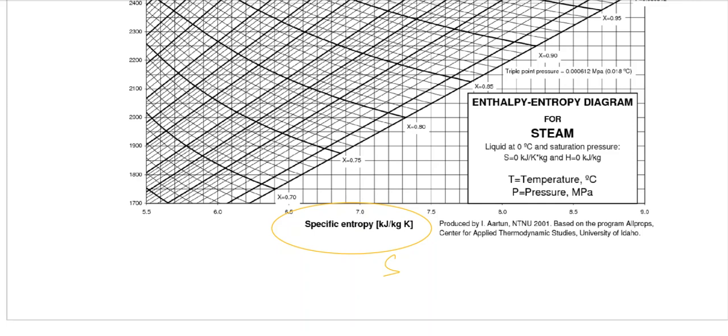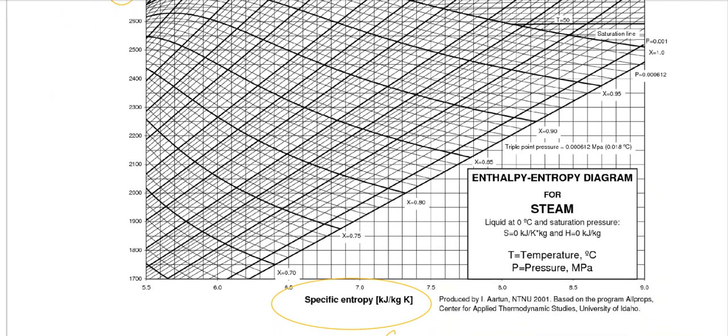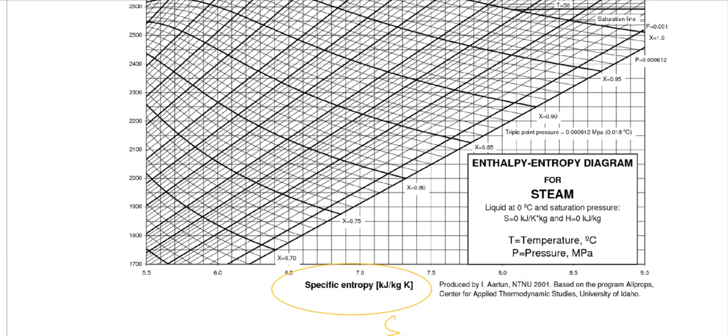It is mostly referred to as a Mollier diagram, after the person who made it. So it is called an HS diagram or Mollier diagram. That means we will have two coordinates, enthalpy h and entropy s. Make sure you check the units of enthalpy and entropy from these axes.